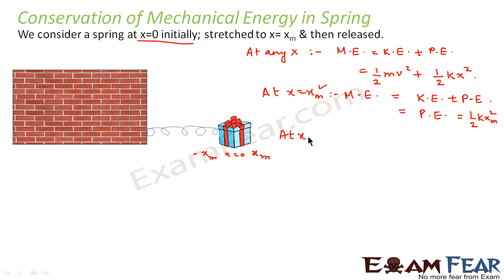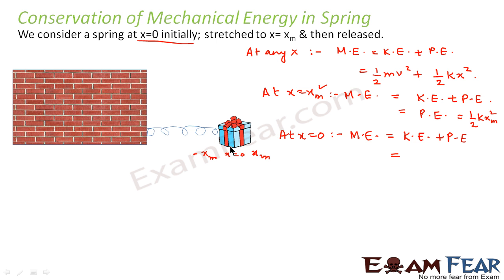Now let us consider x equal to 0. What will happen at x equal to 0? Again, total mechanical energy should be equal to kinetic energy plus potential energy. Now at x equal to 0, it keeps moving like this, right? So at 0, that means at the center point, it has the maximum velocity. When it is at the center, it wants to move to this side.